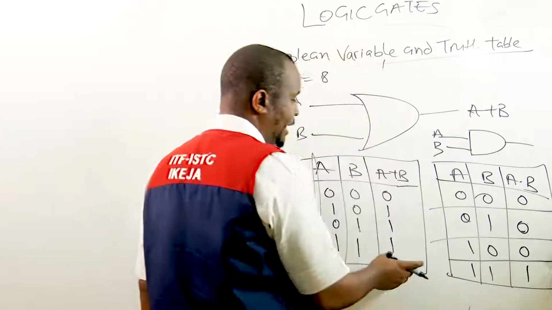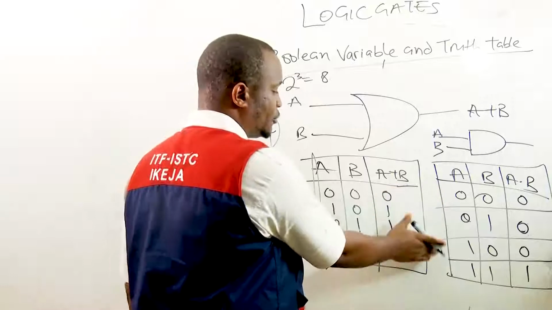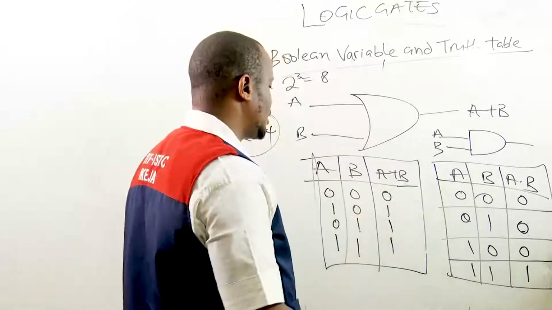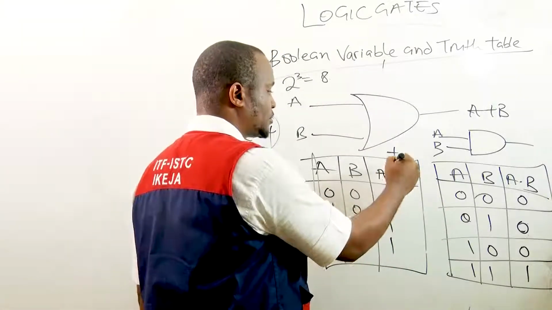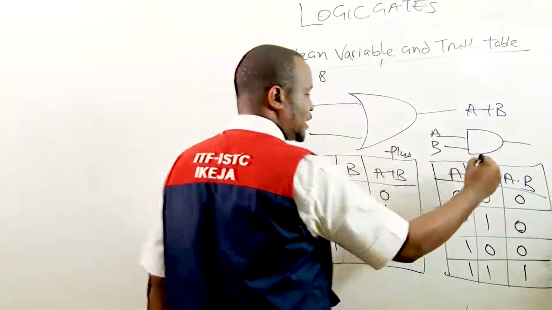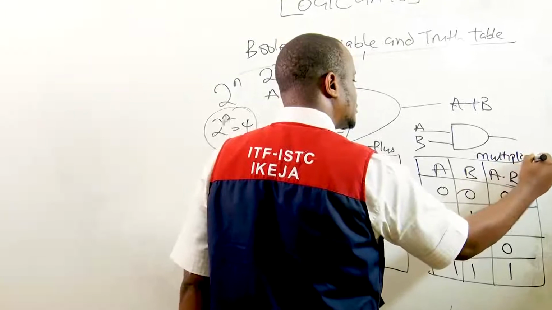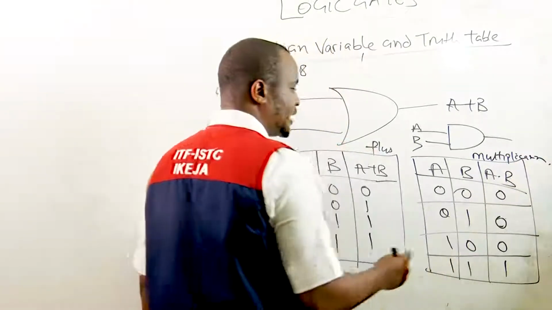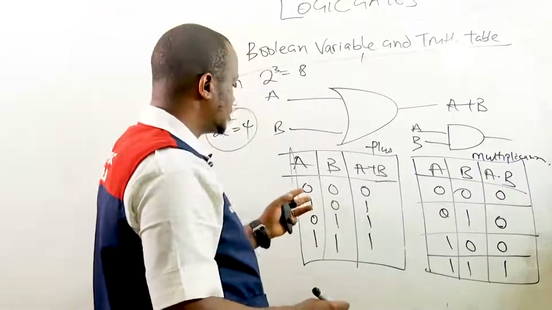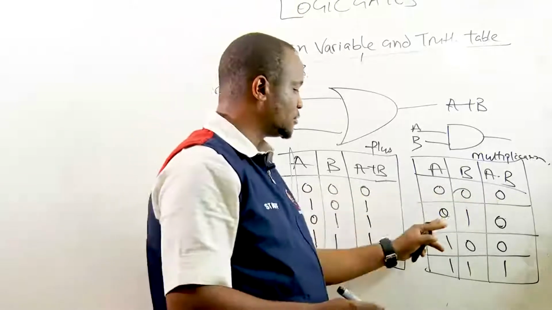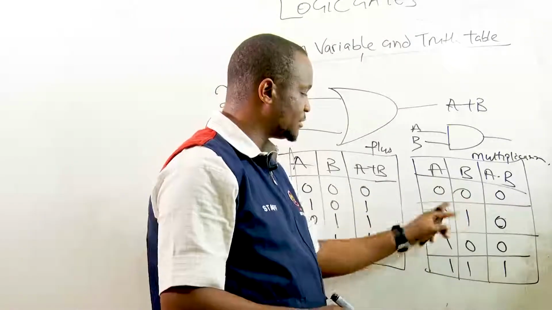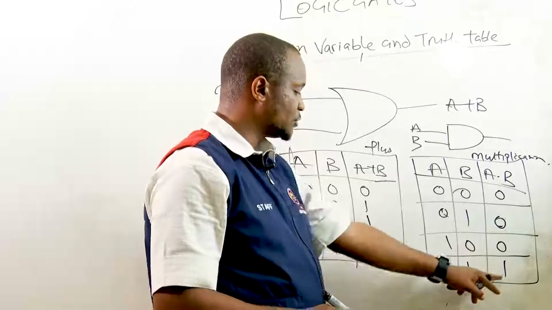1. So one can liken this to our normal algebra in mathematics, where we see the OR as plus and the AND as multiplication, that's times. So you can say 0 times 0, 0 times 1. Of course, anything that is multiplied by 0 is always 0. 1 times 1 is 1.